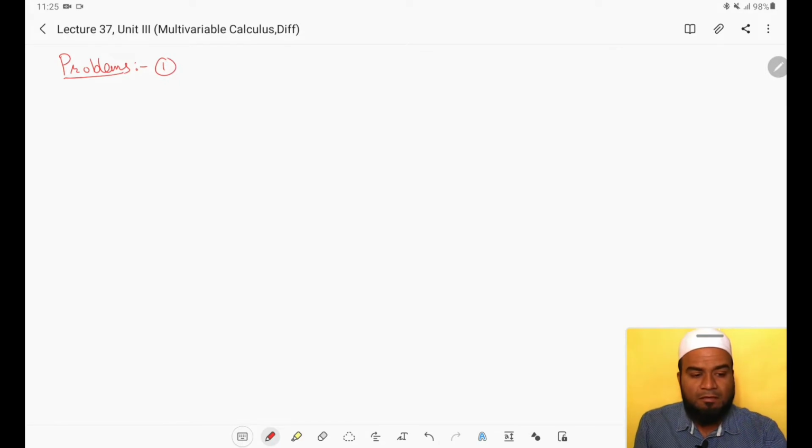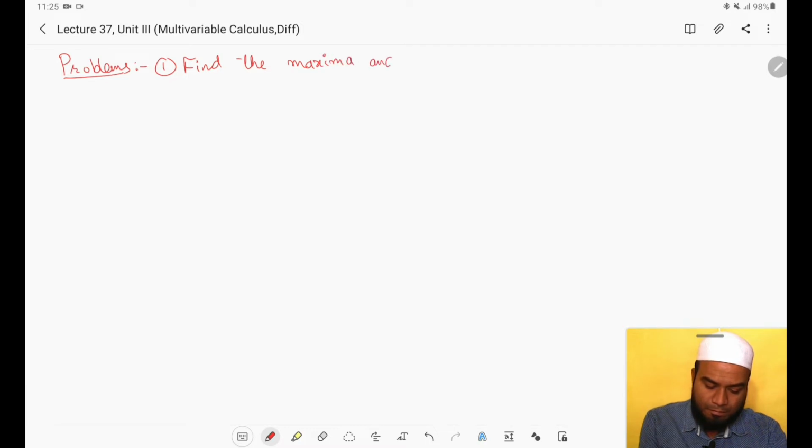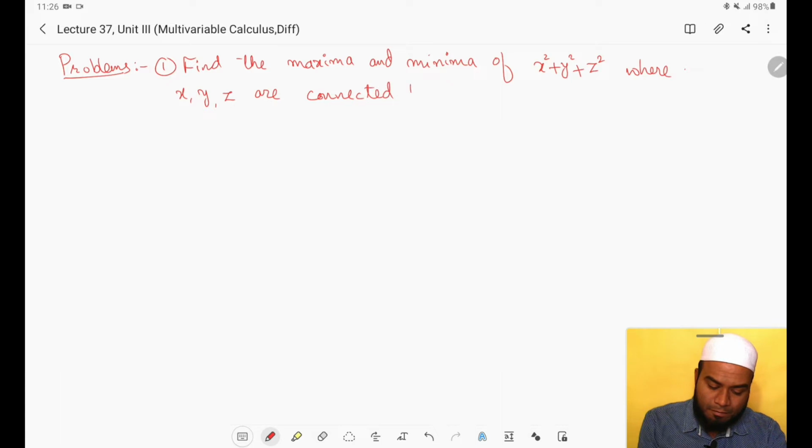First problem is: find the maxima and minima of the function x square plus y square plus z square, where these variables x, y and z are connected by one relation, x plus y plus z equals 3a.